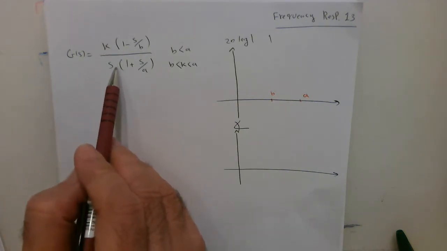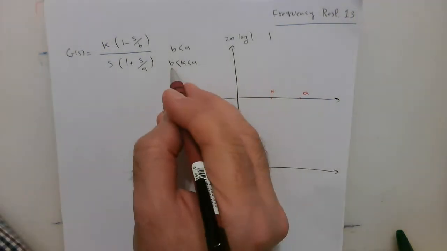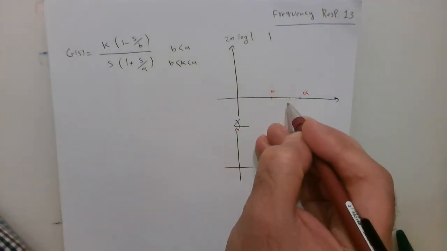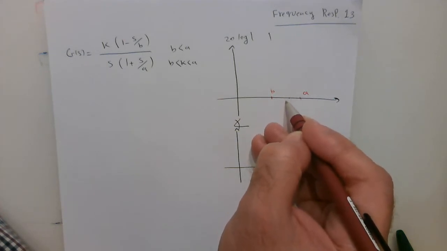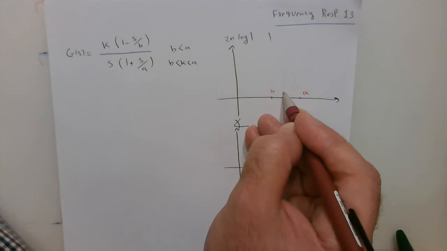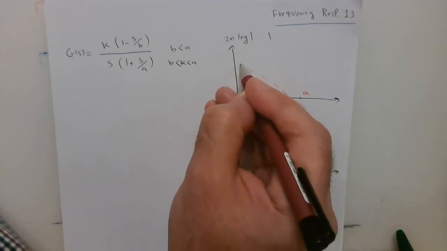So if I want to draw only the Bode diagram for K over s, and we know that K is in between b and a, let's say K is here. This is K. I will draw it with a dashed line.